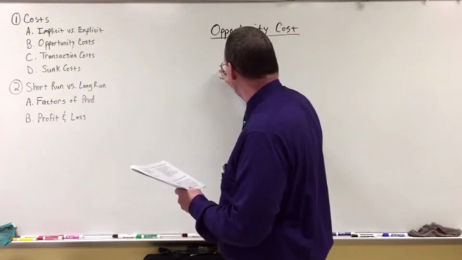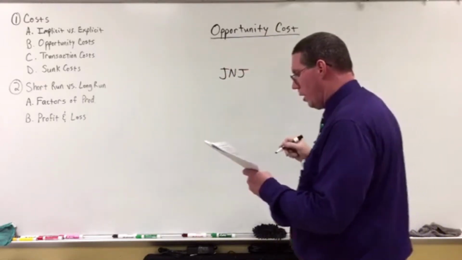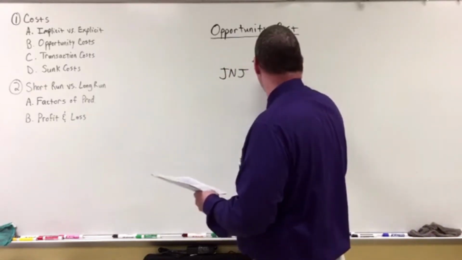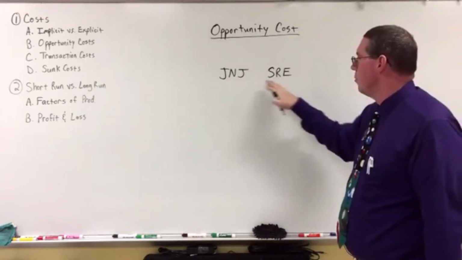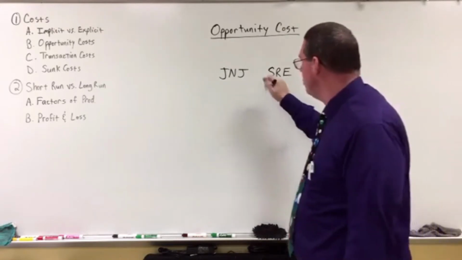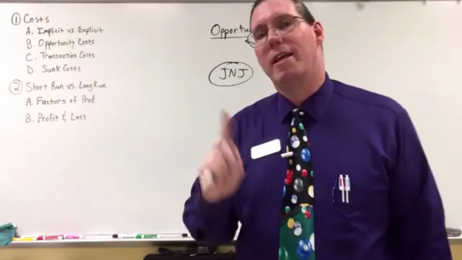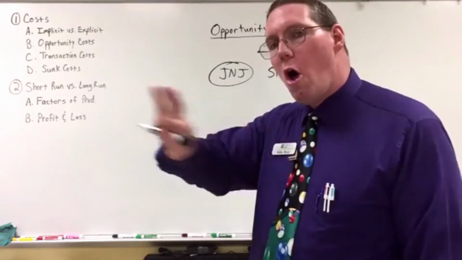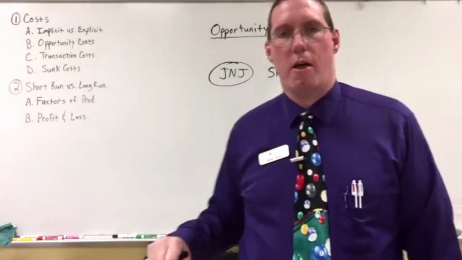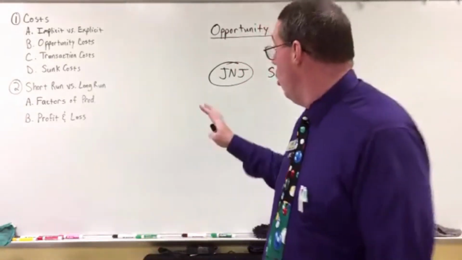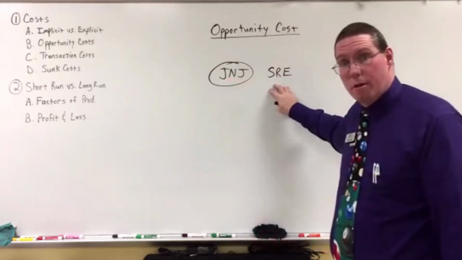And you can invest in Johnson & Johnson, or you can invest in another company, SRE. So you can invest in either one of these companies, right? If you choose to put your money into Johnson & Johnson, then you're giving up all of the money that you would have gotten if you had invested in this other company. And so hopefully what you get from this company is more than what you got from this company.